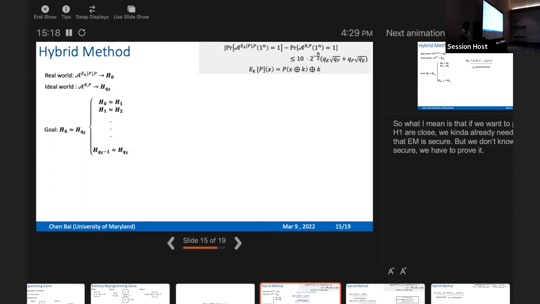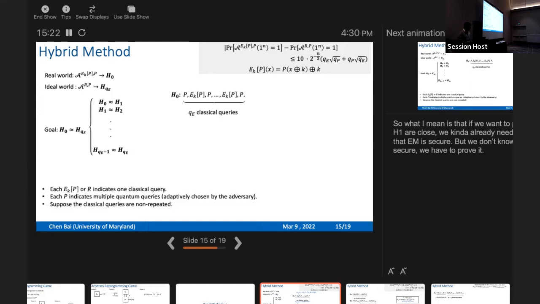So to see how it works, let's take a look at the first hybrid, H0, where each EK or R indicates one classical query and each P indicates multiple quantum queries. And without loss of generality, let's suppose the classical queries are non-repeated. So basically, H0 is just like a QE stage hybrid, where the stages are divided by classical queries.